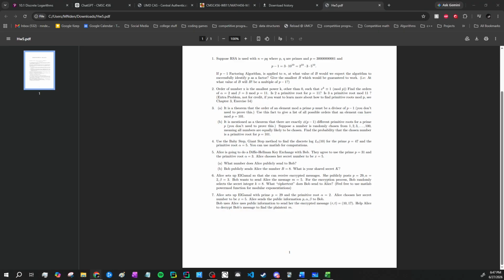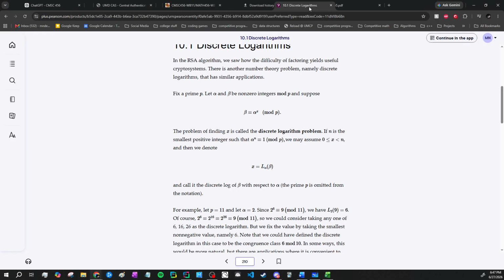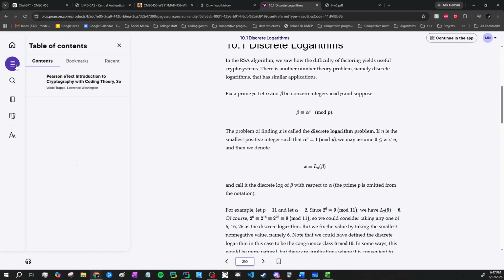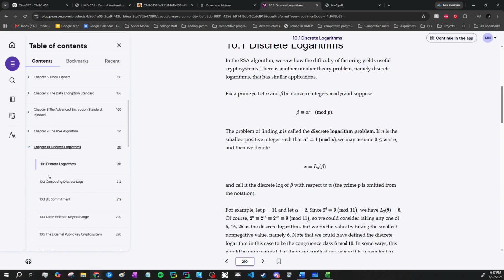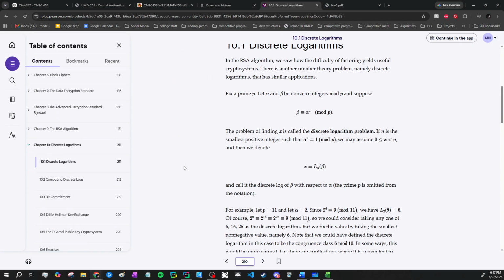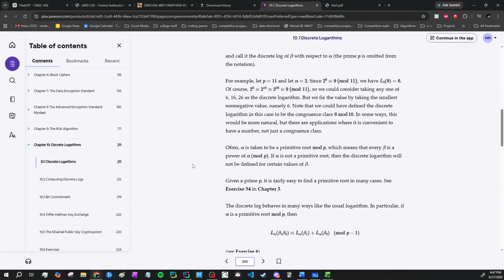So first, I'm finding the computation. They say I can use MATLAB, I don't need to. I guess the first thing I need to understand is what baby step and giant step are. Even after the class, I don't know what these are. So let's look for baby step and giant step.